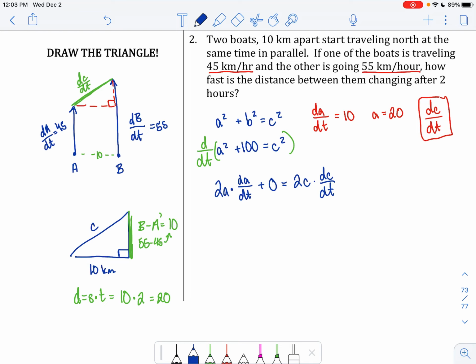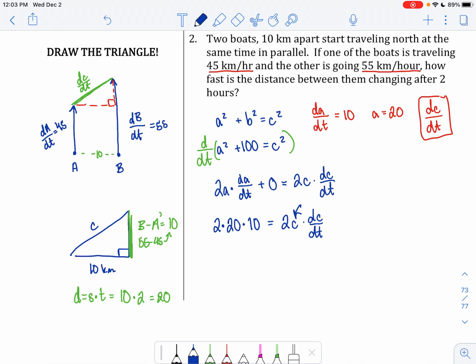And we can then plug in what we do know. We know this is 2 times 20 times 10 is equal to 2c times dc dt. We still have an unknown variable. That's all right. We can use the Pythagorean theorem to find out what c is equal to right here.